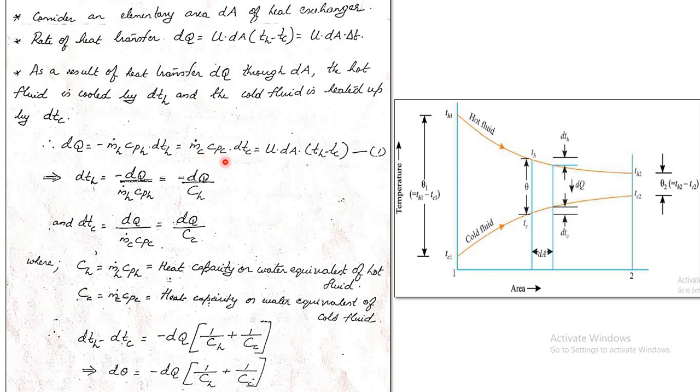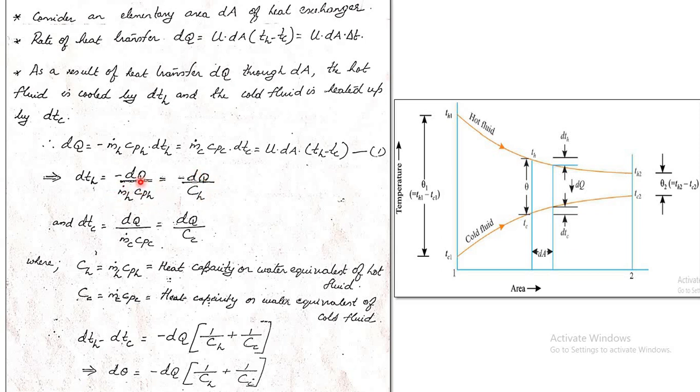So that is mC Cpc dTc, and that should be equal to U dA (Th minus Tc), the temperature difference on this area. So from this equation you can write the temperature change dTh for the hot fluid, that is minus dQ by mH CpH, which equals minus dQ by CH.